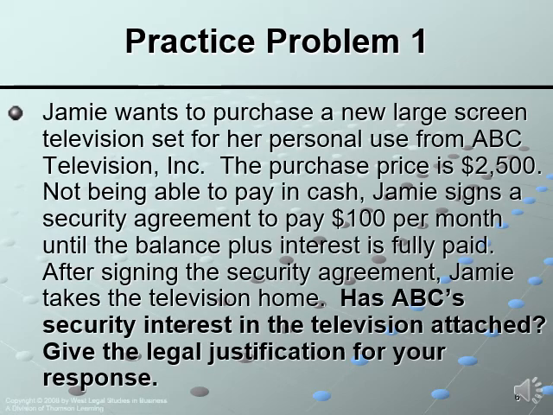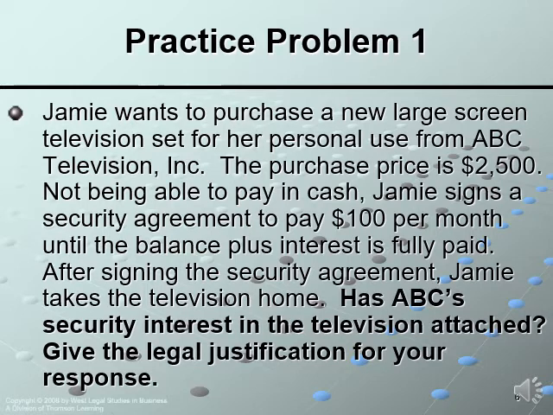So let's look at an example, and we'll determine whether a security interest in the television has occurred. Practice problem 1. Jamie wants to purchase a large screen television set for personal use from ABC Television Inc. The purchase price is $2,500.